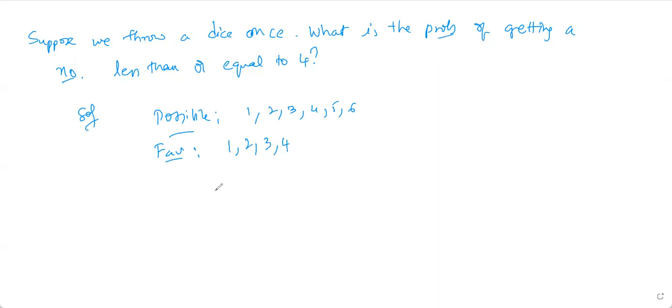So the probability of event E is equal to 4 by 6, or this is 2 by 3.